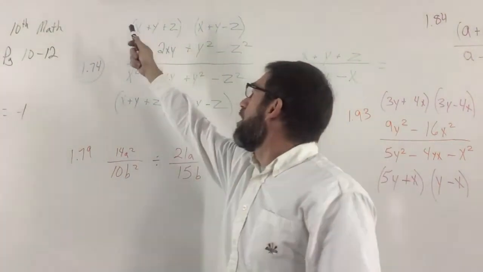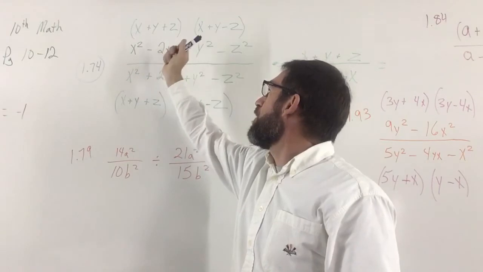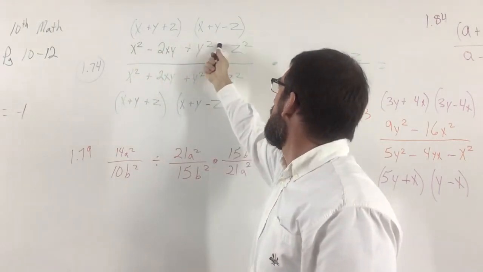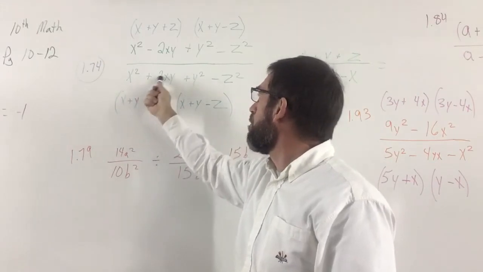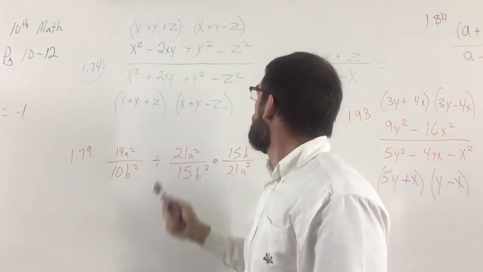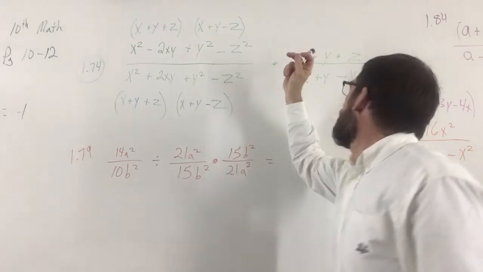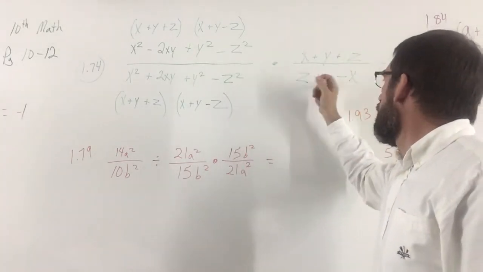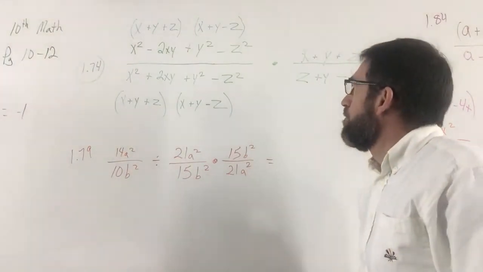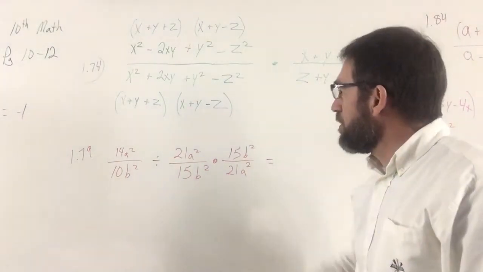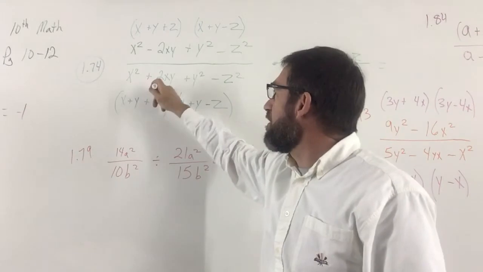You've got x squared plus 2xy plus y squared minus z squared, and then the same problem on the bottom. It's divided by x, y, z, z, y, x. If you take a look, these two I factored out identical.